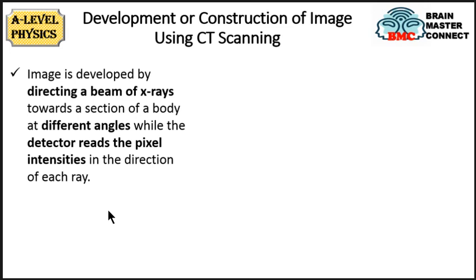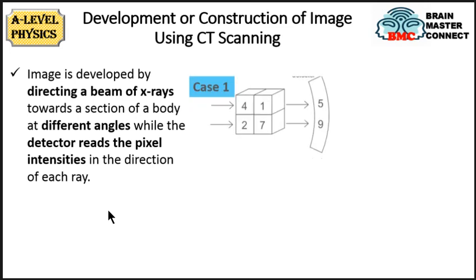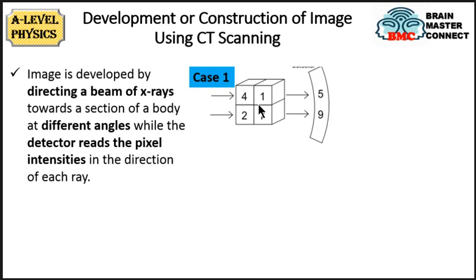Let's see a case here. This is what I'm trying to say. Here I have the X-ray beam coming from the left side, striking on each of the Voxels in this place. On doing that, the detector reads the pixels on each of these Voxels.